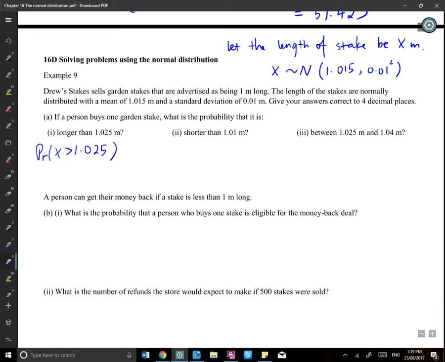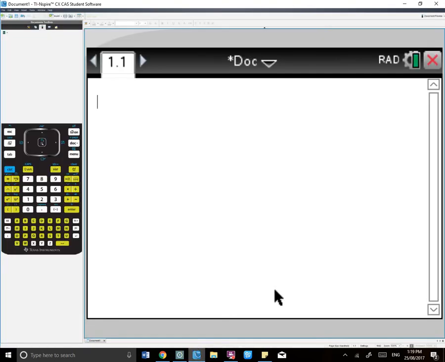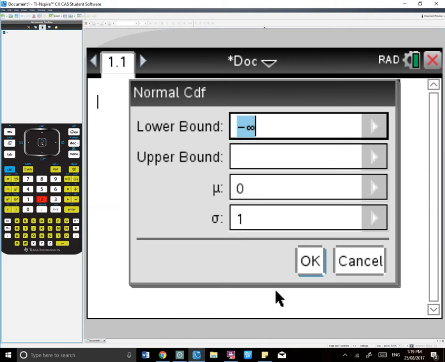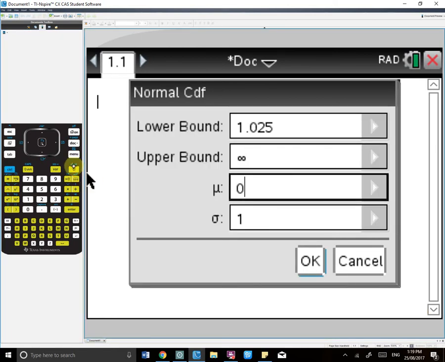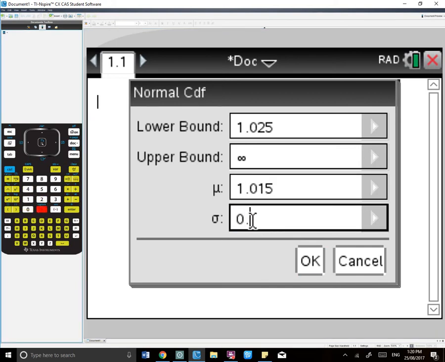So that's a calculator question. After you have those 3 lines, it becomes a calculator question. So menu 552, I hope you can remember that. 1.025 to infinity. Infinity is control of the book. And then you have the mean 1.015, and the standard deviation is 0.01.